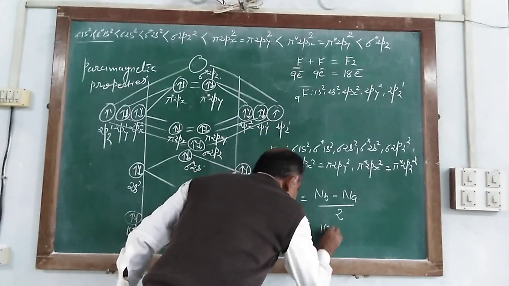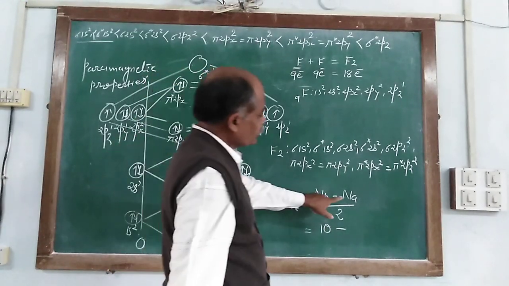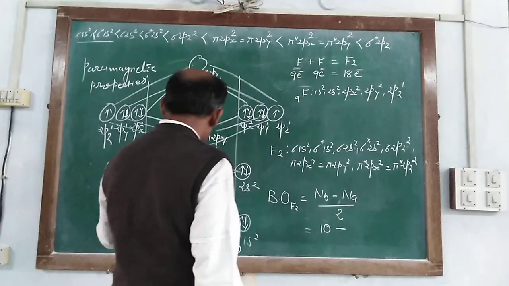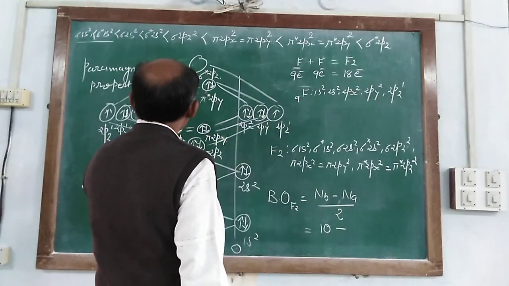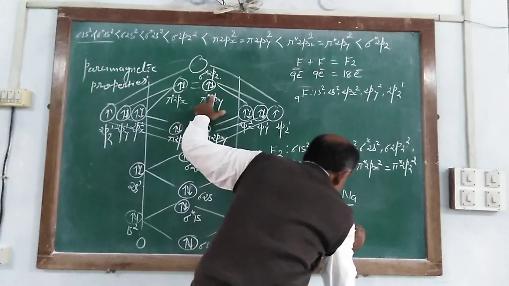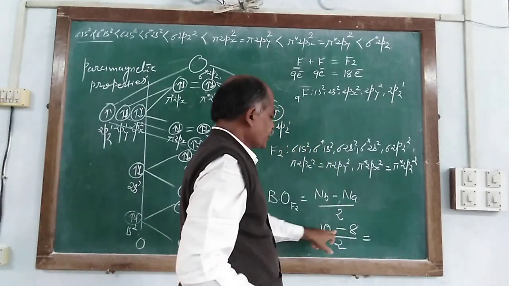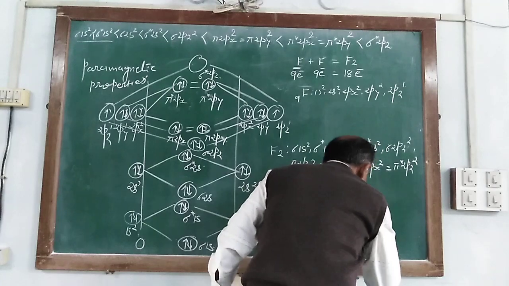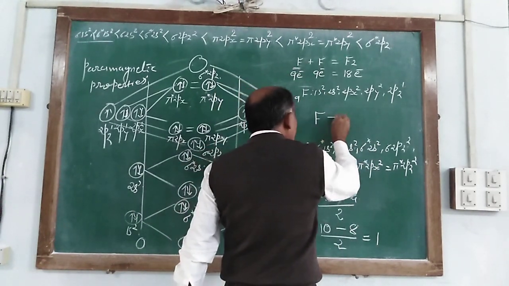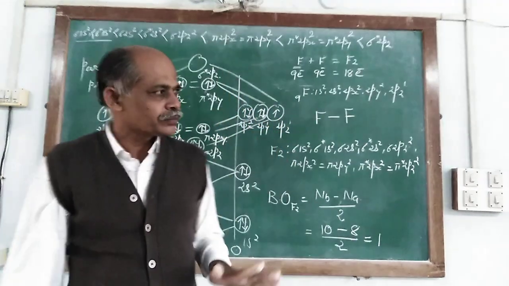So we put this value in the formula: 10 minus the number of electrons accommodated in antibonding molecular orbitals, which is 2, 4, 6 and 8, divided by 2. So it is 10 minus 8, 2. 2 divided by 2 is equal to 1. So in the F2 molecule, fluorine and fluorine atoms are linked by a single bond.